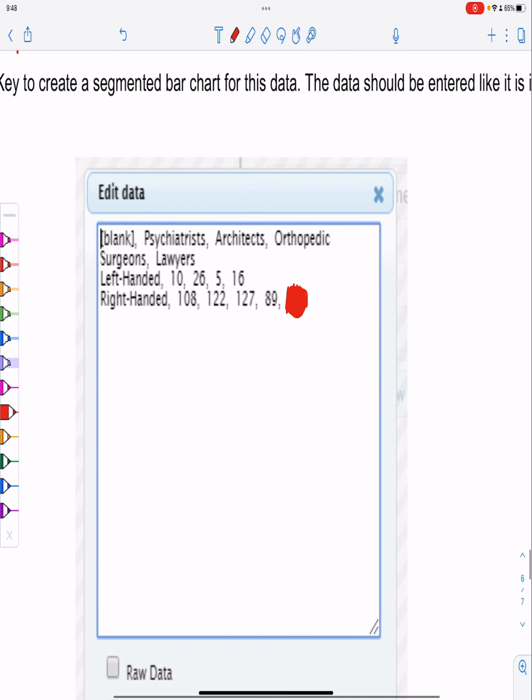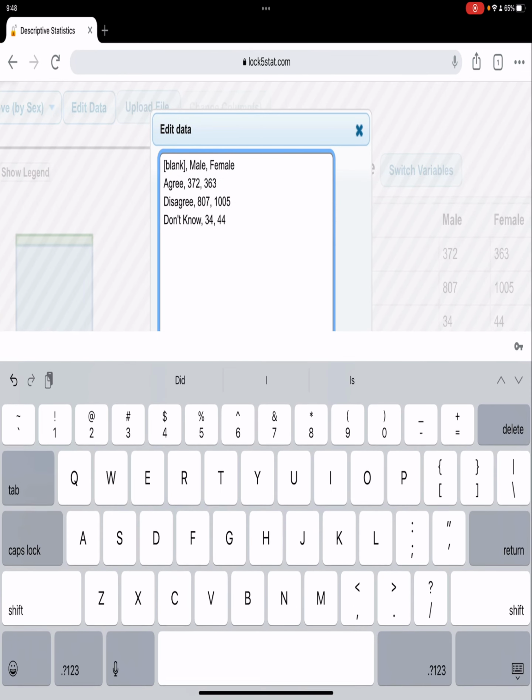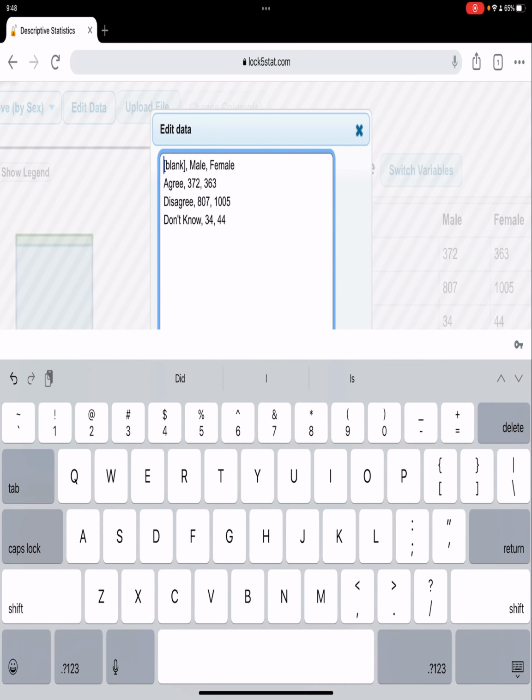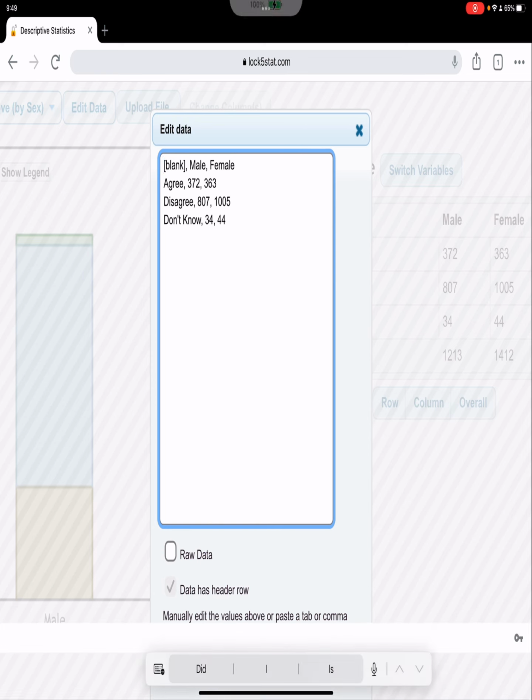Okay, so make sure you're checking out your guided notes. All right, so let's do it. The blank has to stay there. And then the categories for the occupation are going to go in this row. So psychiatrists, architects, orthopedic surgeons, and lawyers. Okay. And then I'm going to put the categories for the other variable.